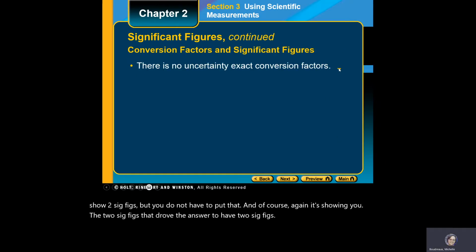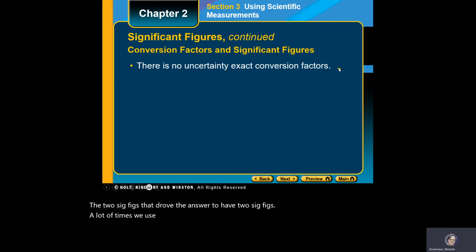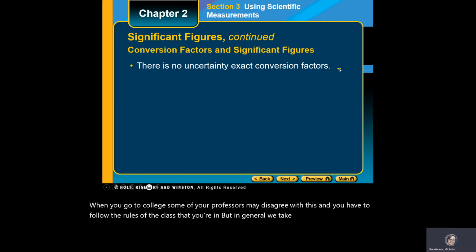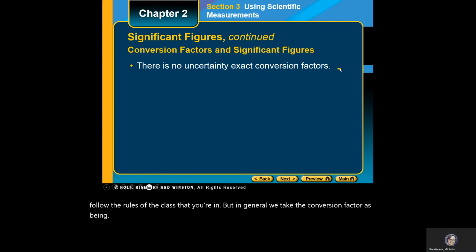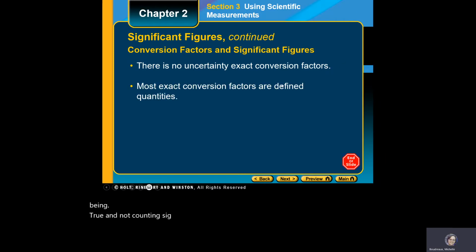Well, a lot of times we use things called conversion factors, and we say that there's no uncertainty in a conversion factor. When you go to college, some of your professors may disagree with this, and you have to follow the rules of the class that you're in, but in general, we take the conversion factor as being true and not counting sig figs. Most exact conversion factors are defined quantities.